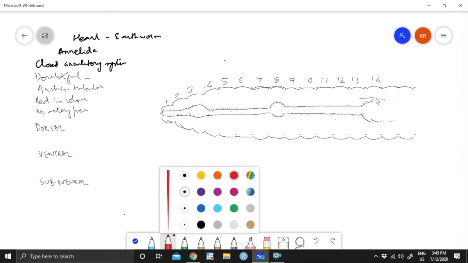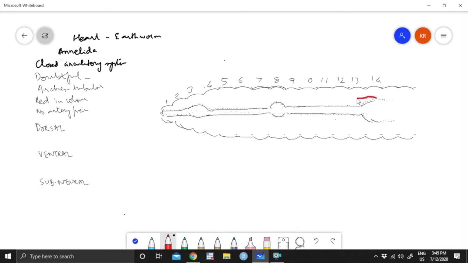We will use a thicker pen. Everywhere it is giving out branches, and the dorsal blood vessel distributes blood.